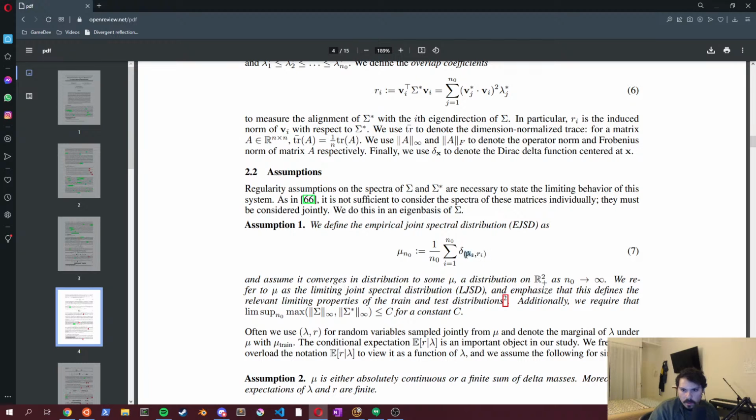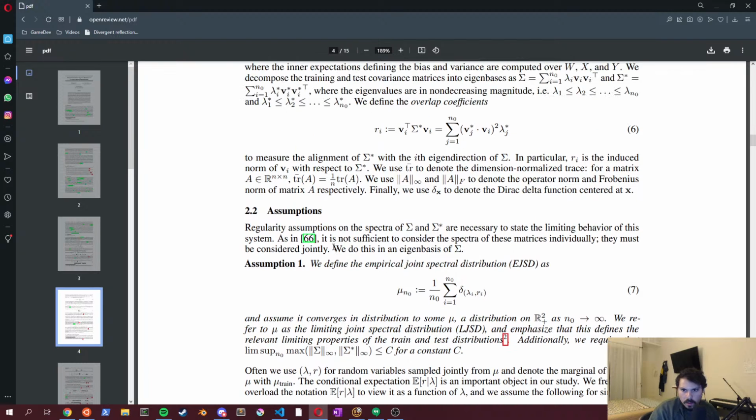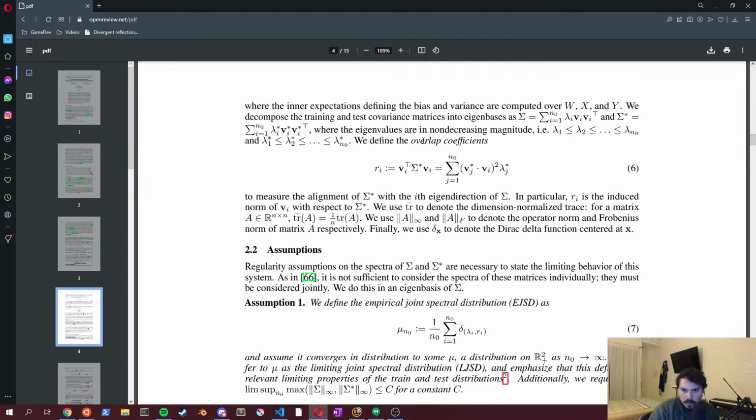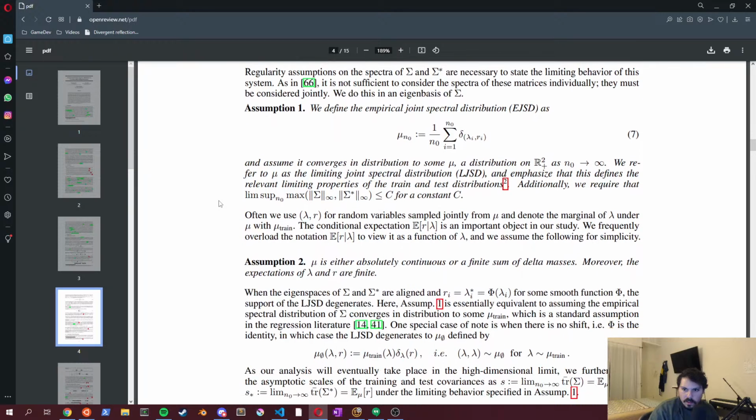So we have lambda here, which is given by this thing. So these overlap coefficients decompose training and test covariance matrices into eigenbases. Okay, so lambda are the eigenvalues of the training covariance matrix and lambda star are the eigenvalues of the test covariance matrix.